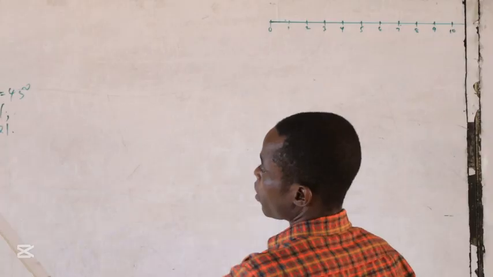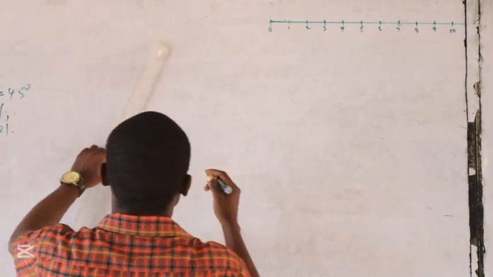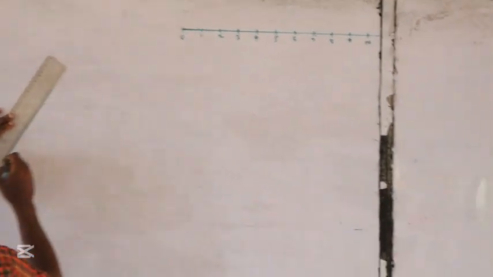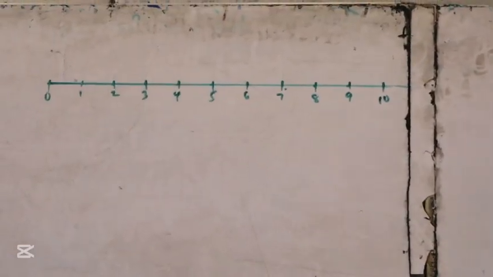So with this, I will start by drawing this line, MN. This is a slant line.